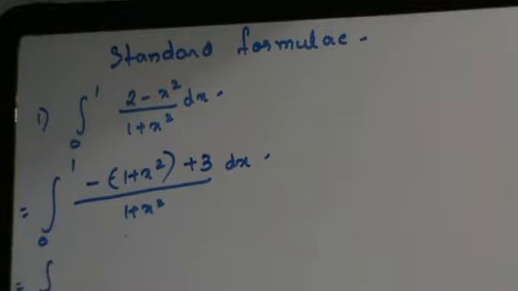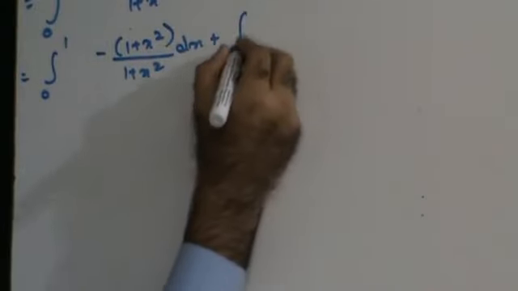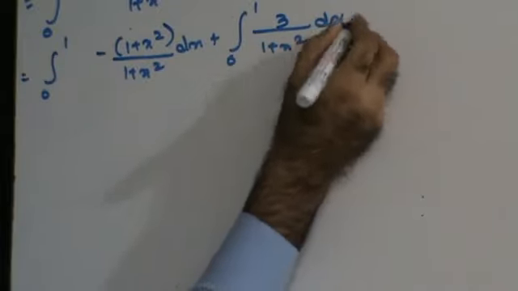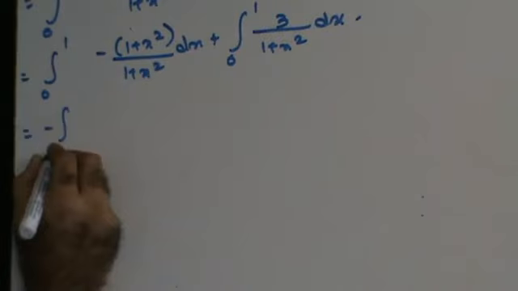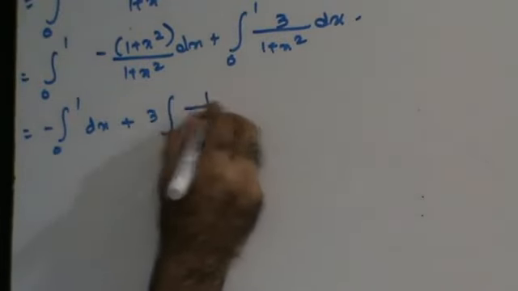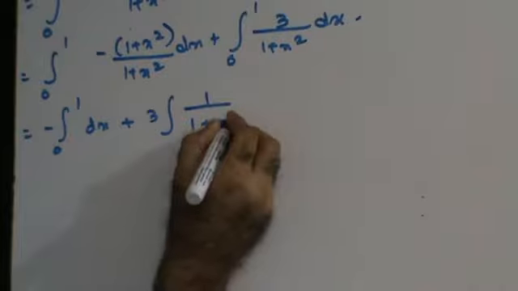Split the numerator. 0 to 1, this is minus (1 plus x square) upon (1 plus x square) dx plus integral of 0 to 1, 3 upon 1 plus x square dx. Cancel, so minus integral of 0 to 1 dx plus 3 integral of 1 upon 1 plus x square dx.